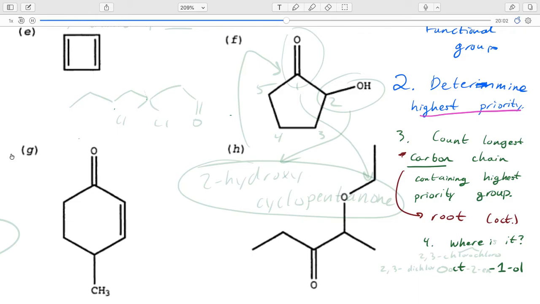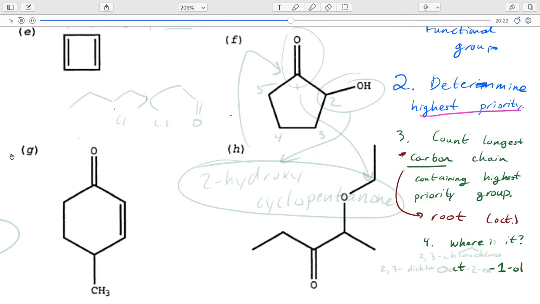For other groups, not so much. So just from carboxylic acids through aldehydes? Through carboxylic acids, through aldehydes, the number 1 is assumed. It's okay if you still do. It's not a big deal. Where is it? Carbon number 1.